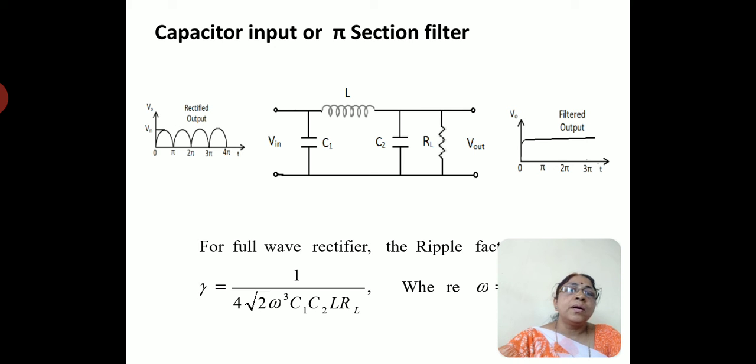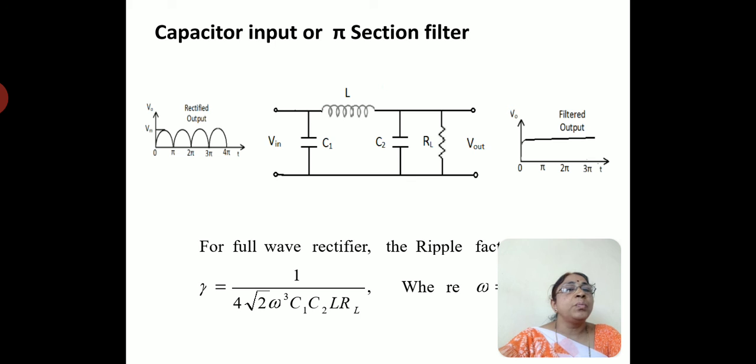After it enters C1, C1 charges and discharges, passing most of the pulsating AC component through C1, and the remaining passes into the inductor L, which does not allow the AC component. Depending upon the value of L, it allows the DC component.